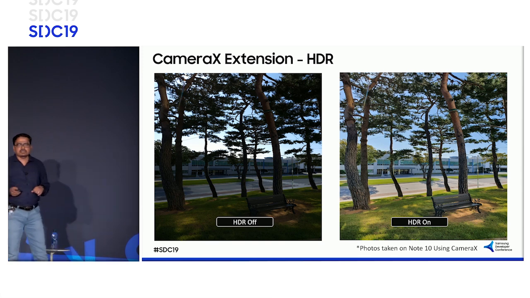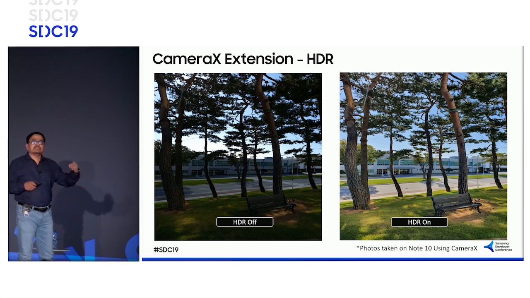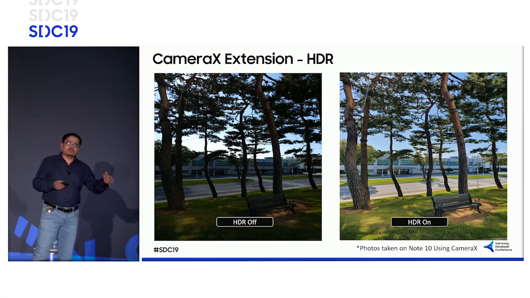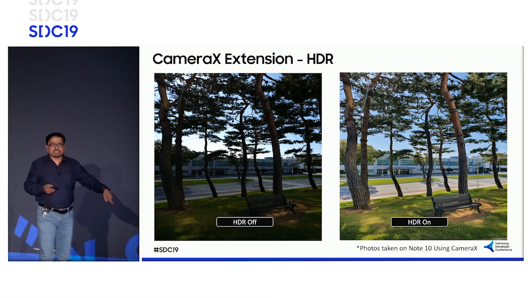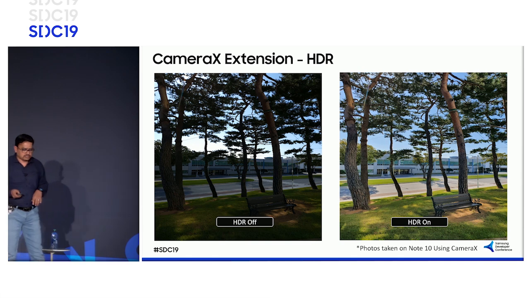What does it mean? It means if you don't use the HDR extension and if you use any existing Google camera interface, it could be Camera 2 or Camera 1, in that case, you will get an image like the one you are seeing on the left side. But if you use the HDR extension, then you will get right side images.